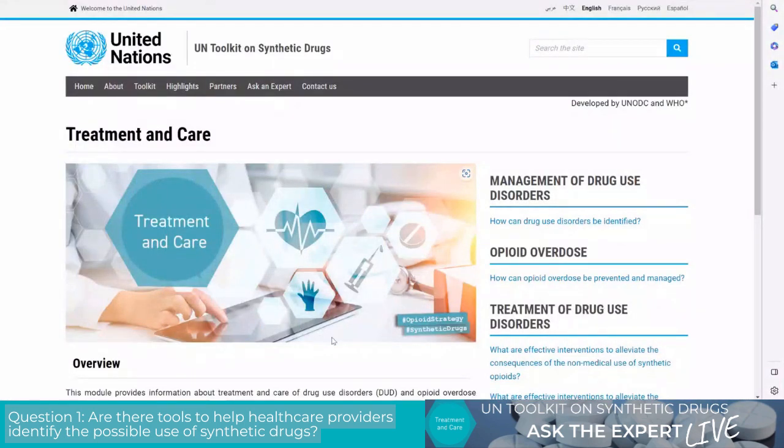Synthetic drugs are special in many ways, but in many other ways, they are just psychoactive substances that can harm the health of people, including developing psychoactive use disorder.